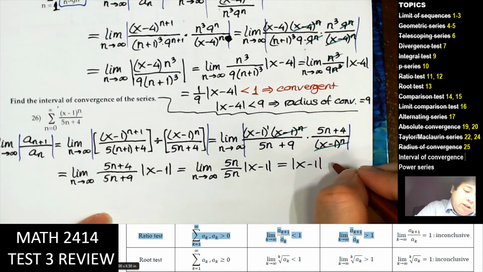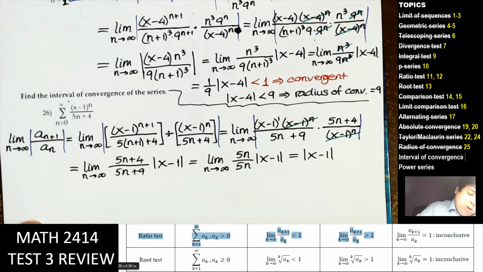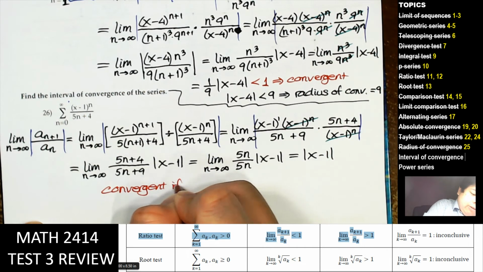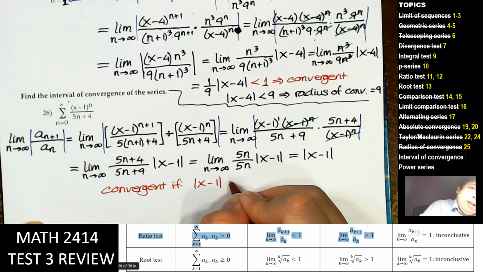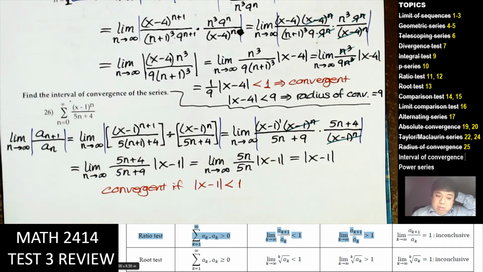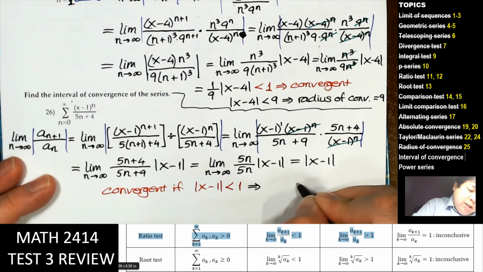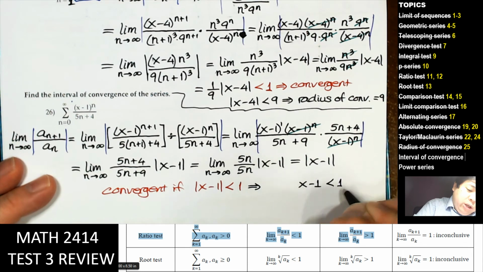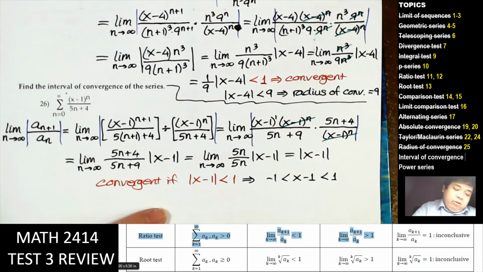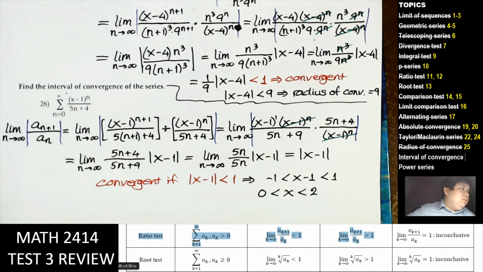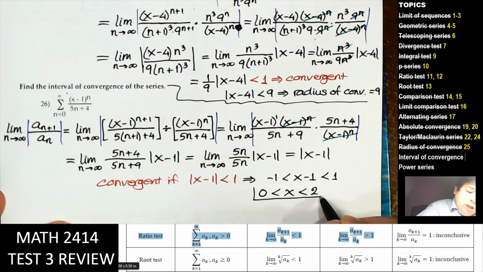Now this is convergent if it is less than 1, so we say convergent if the absolute value of x minus 1 is less than 1. If we solve for it, x minus 1 is between the negative and the positive, which means x is between 0 and 2. Right, so it is convergent if x is between 0 and 2.